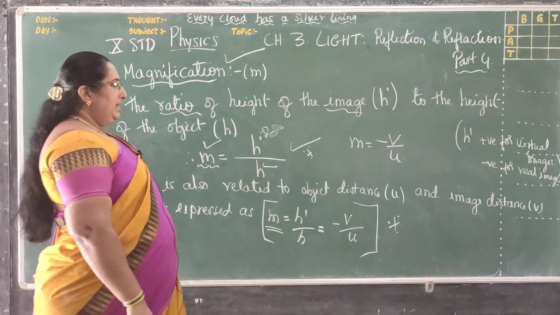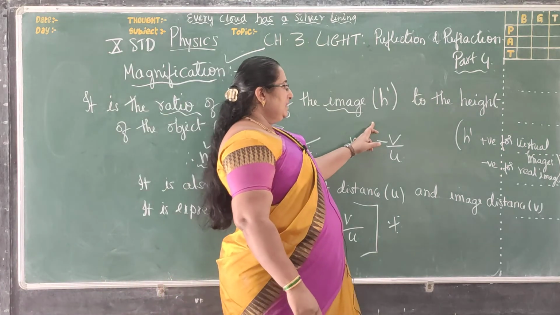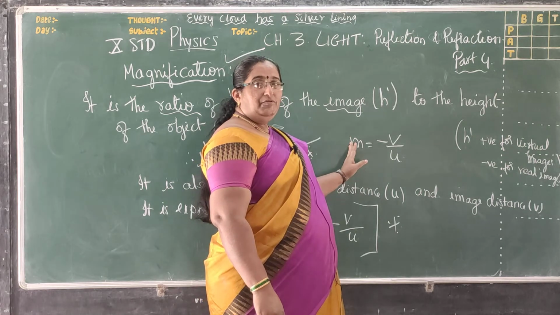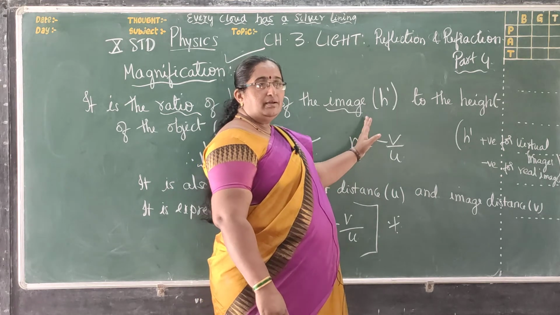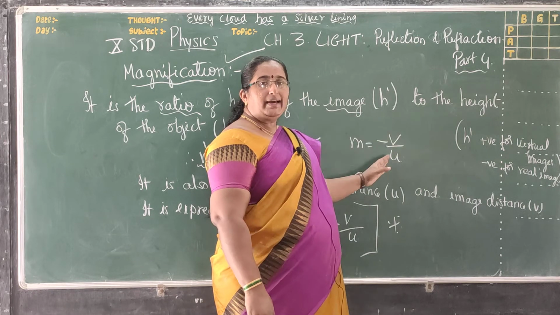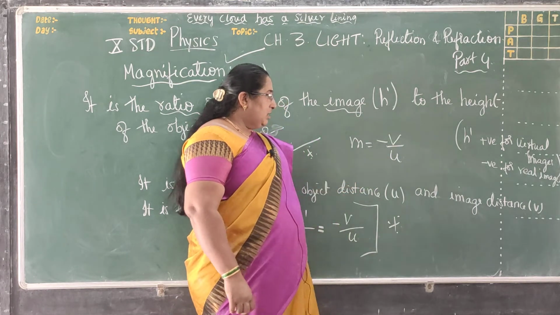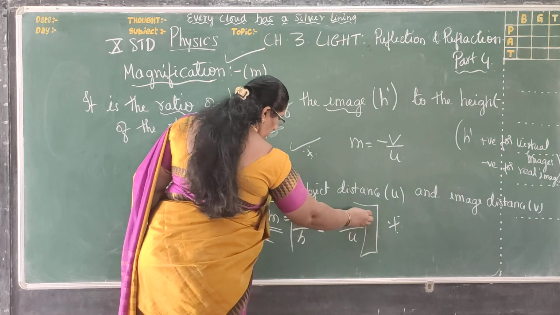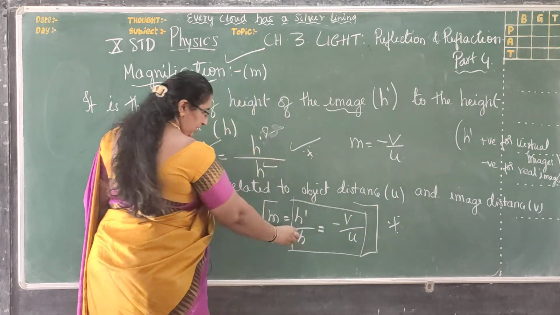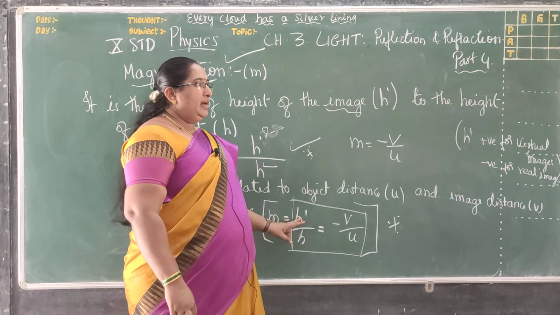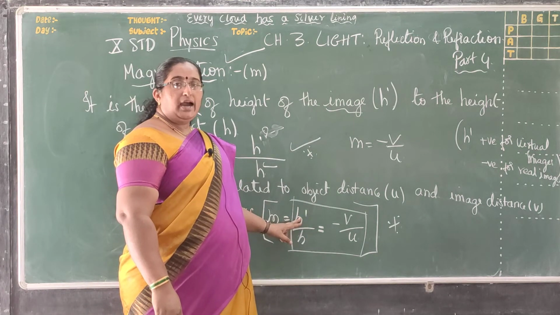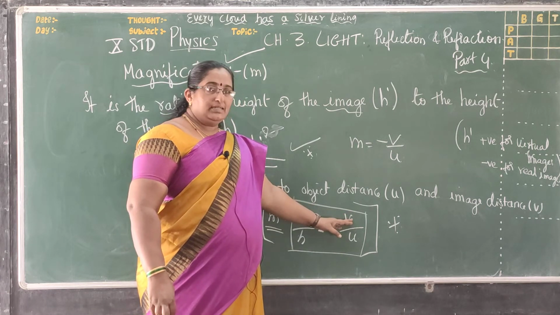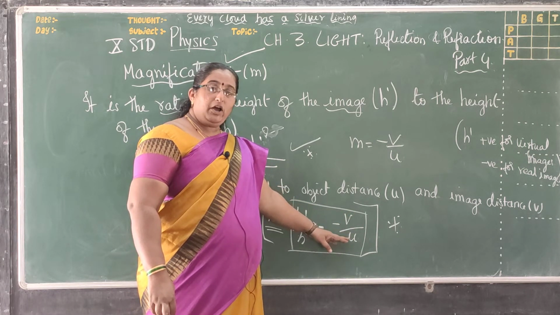Or they may give you the image distance and object distance and you need to calculate the magnification, or the magnification and image distance are given and you calculate the object distance. Or they will give you the height of the object, height of the image, and the image distance, and ask you to calculate the object distance.